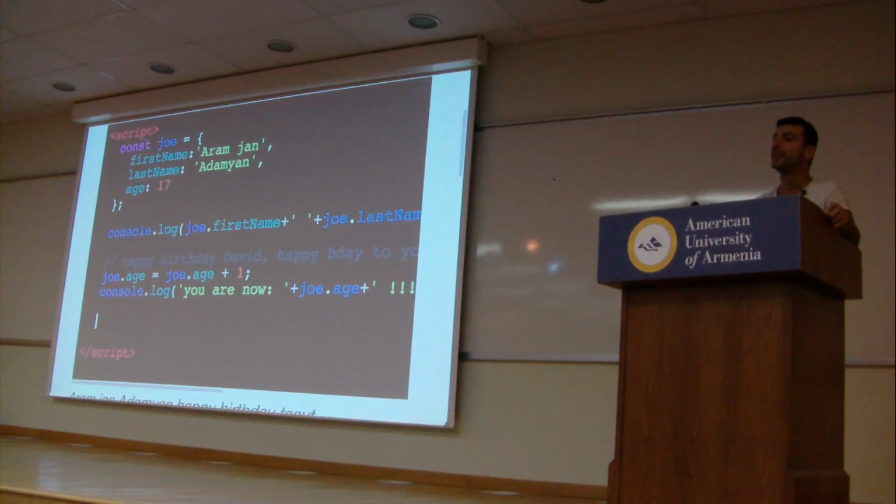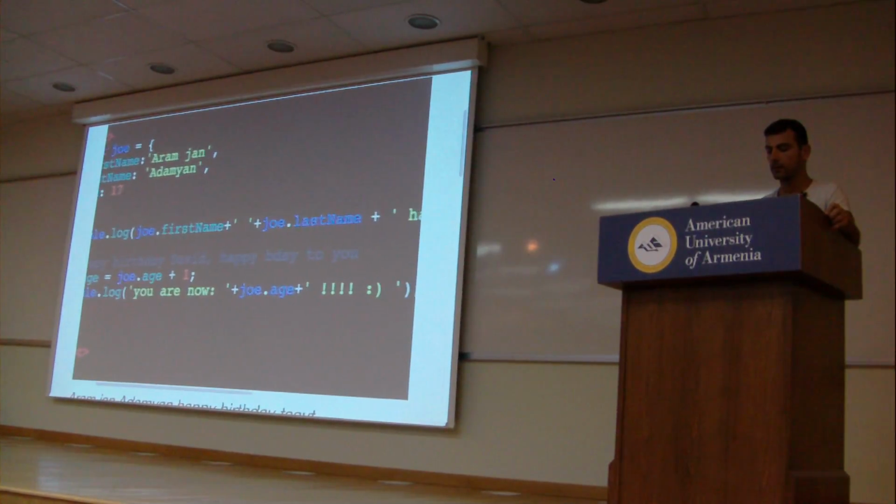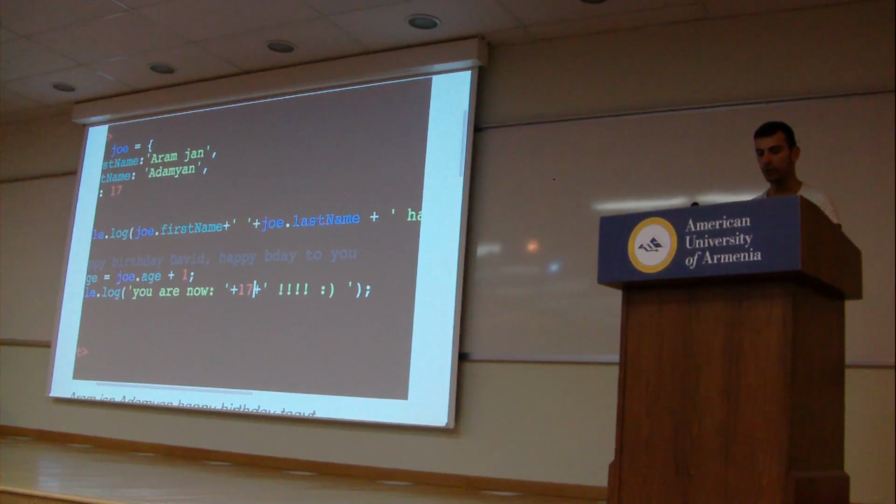Yes? Why did you put plus signs inside of it? Inside of what, John? So when it's written you are now, string Joe. So the plus signs are inside of the string. No, they're not. The string starts here, ends here. That gets concatenated with this, which is 17. That returns this value. You follow it? Strange, the plus signs were inside.